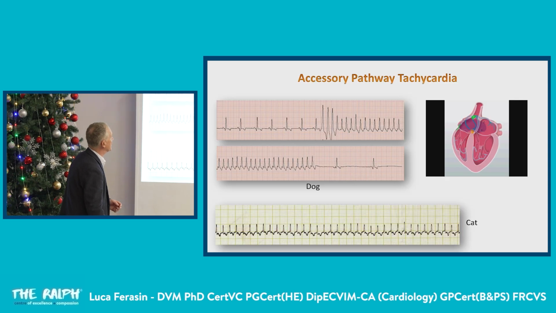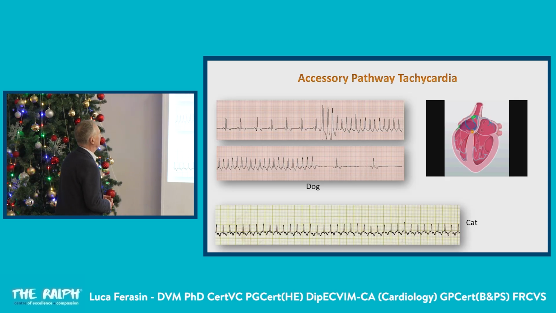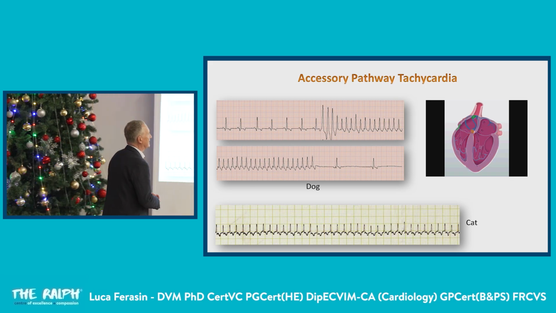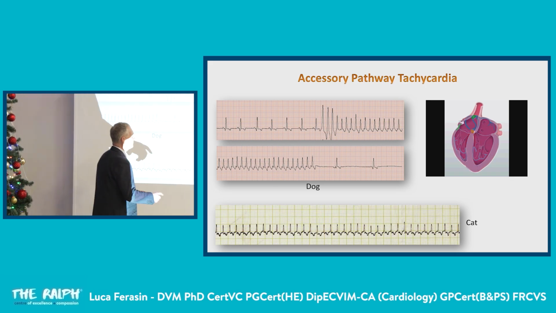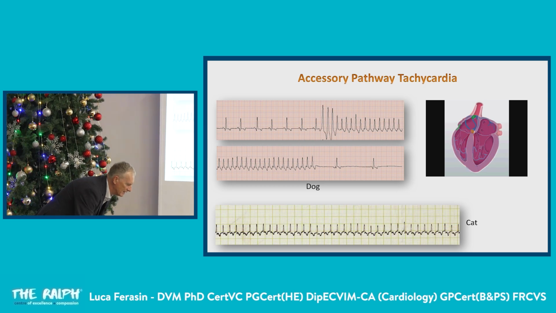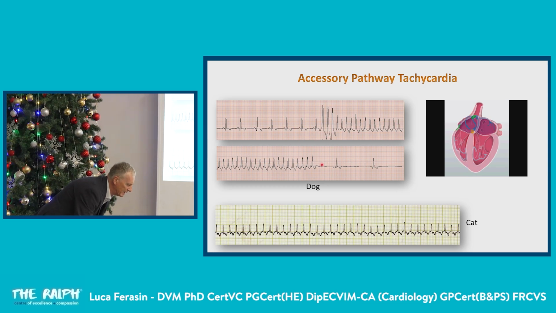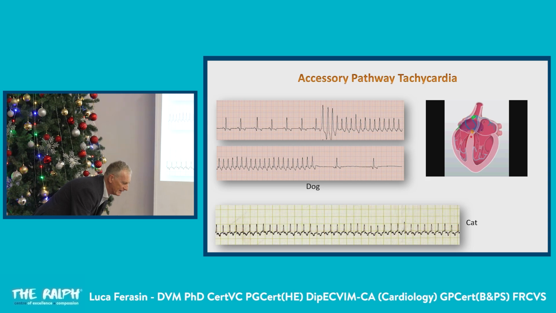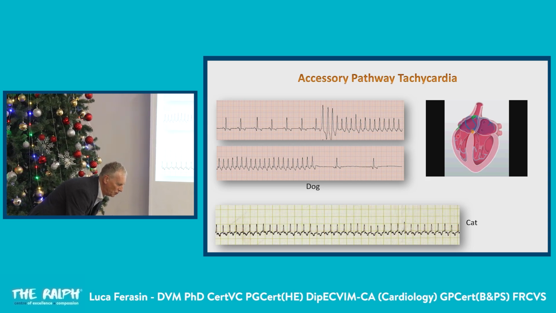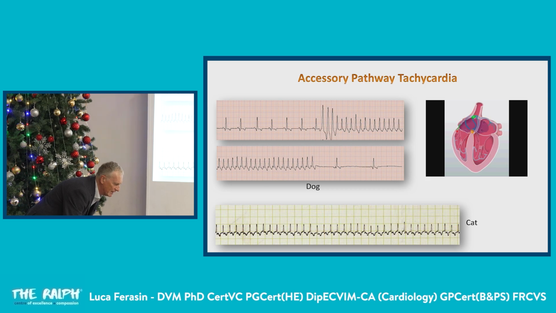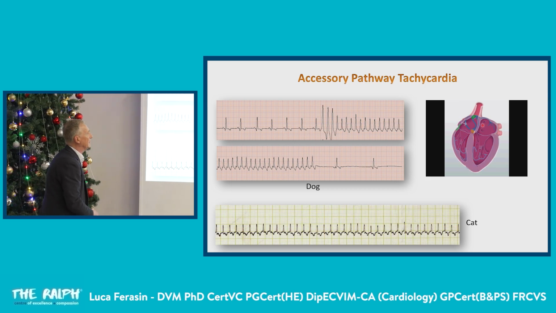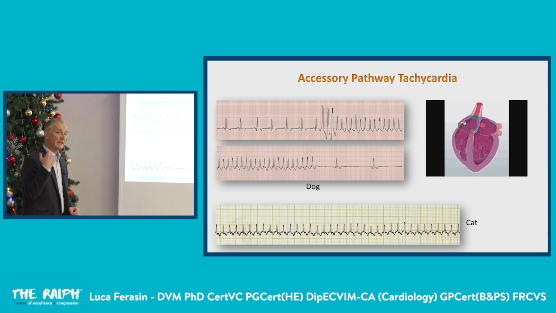And then finally, the accessory pathway. We got an accessory pathway here in the dog. You see that, if I can use the laser pointer, that's easier. You see that the wavefront, rather than dying at the end of the cardiac cycle, goes back to the atria using this abnormal bundle of conduction tissue that will allow a retrograde conduction.